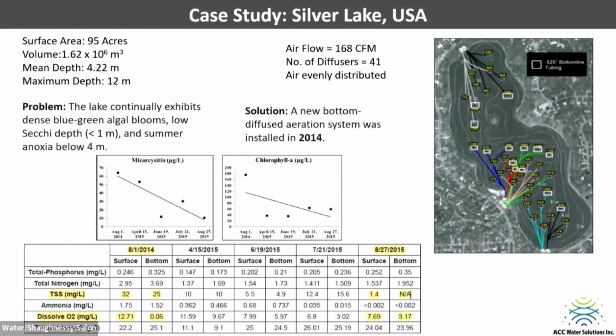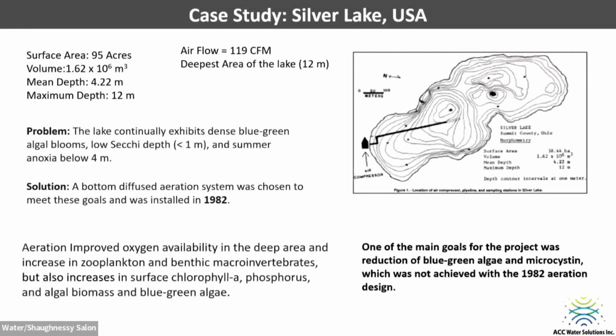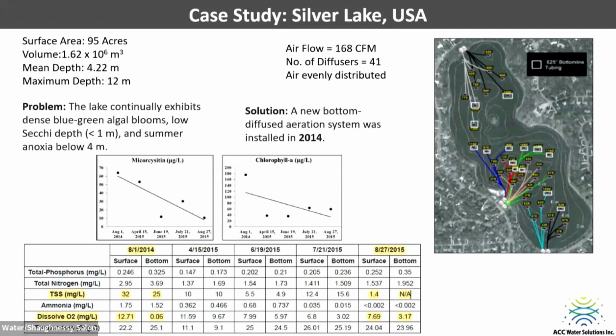The new system that was suggested, if we look at the airflow, it's not much greater, 168 CFM, but the number of diffusers is 41. This is the map of the diffusers, the 41 diffusers they needed, and it was replaced in 2014.